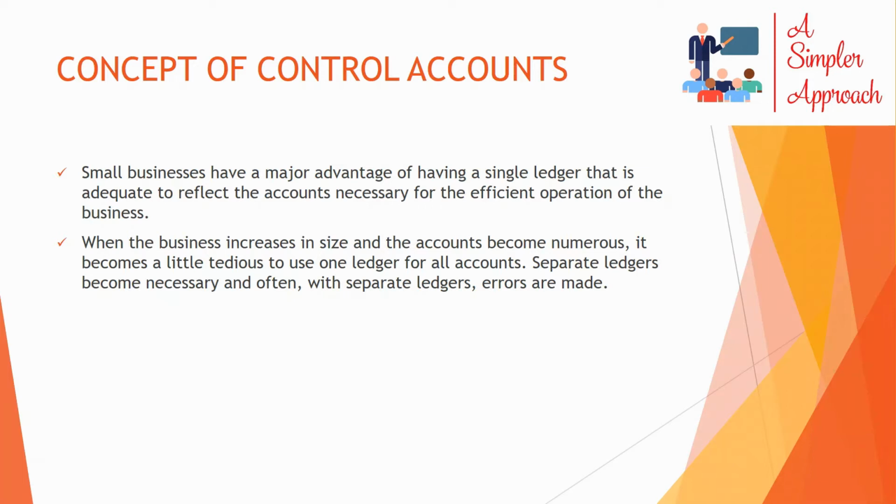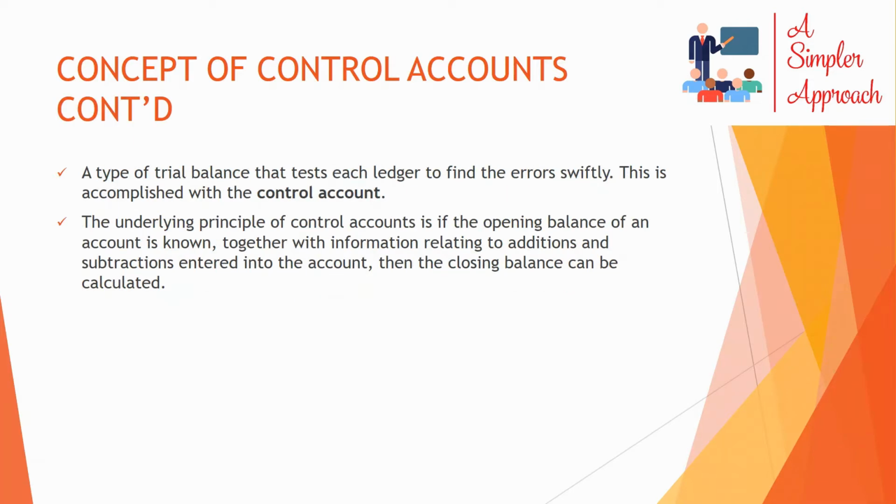Now, when that happens, it opens up the possibility for errors to be made. Now, in order to test the accuracy of each of the ledgers, there needs to be a type of system that will allow for the location of errors swiftly within these ledgers. That process is accomplished by using control accounts.